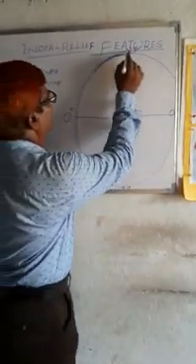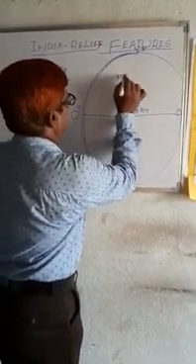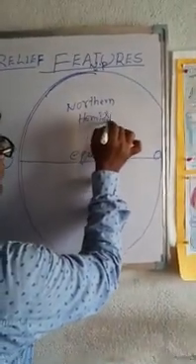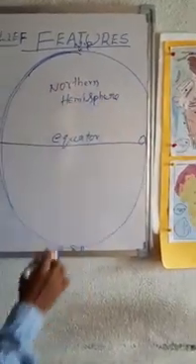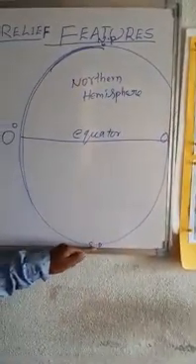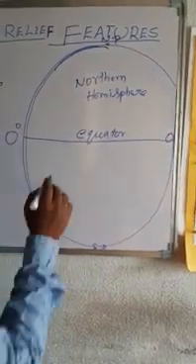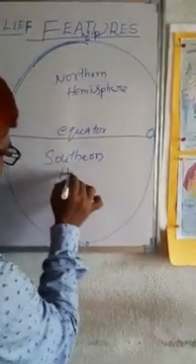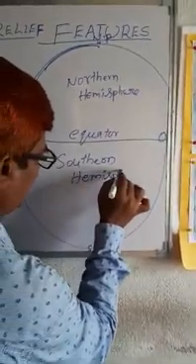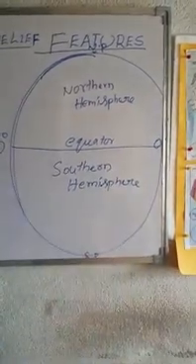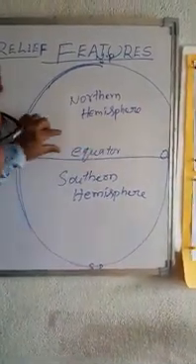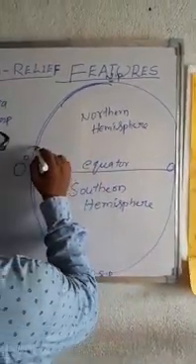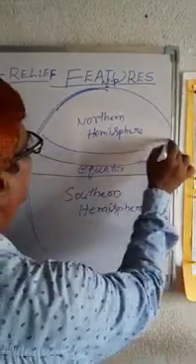From the equator to the North Pole, it is the northern hemisphere. From the equator to the South Pole, it is called the southern hemisphere. Parallel to the equator, we will draw the remaining latitudes at 1 degree intervals.